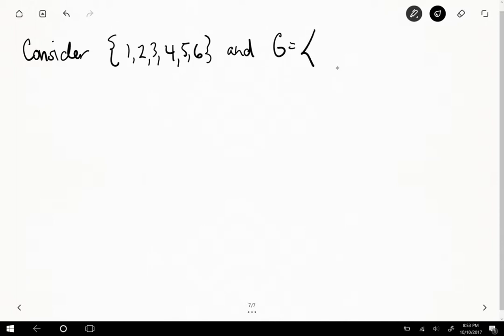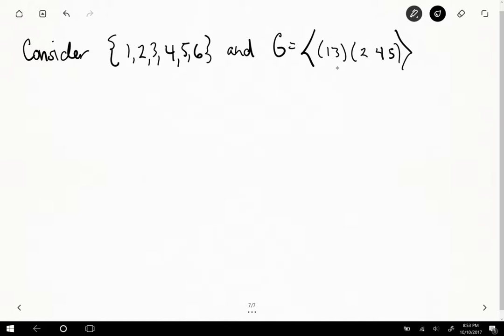Let's consider the set 1, 2, 3, 4, 5, 6, and let G equal, and we're going to make it a cyclic group just to make it easy, the group generated by (1 3)(2 4 5). Okay.